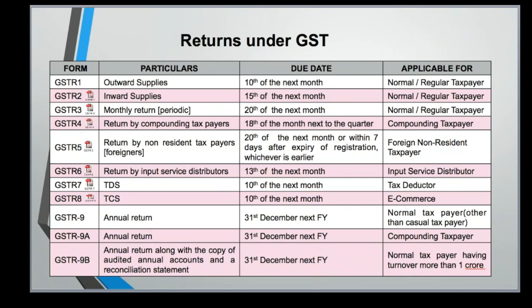So suppose you had shown sale with C forms, and as per CST law, you have to bring the C form within 3 months of the end of the quarter.